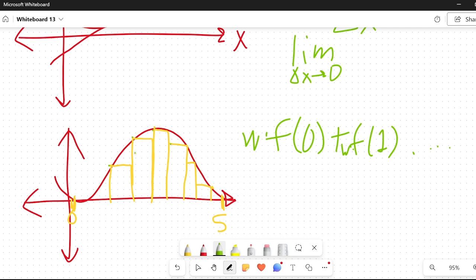But if we want to evaluate the area under this curve, we're going to need an infinite amount of rectangles. So in this case, we are going to be using a limit to evaluate this: the limit as the number of rectangles approaches infinity. So you can see how everything in calculus is tied to limits.